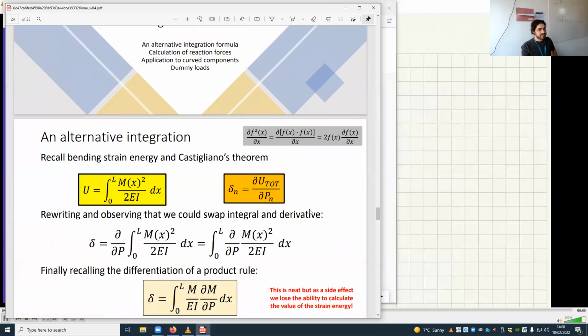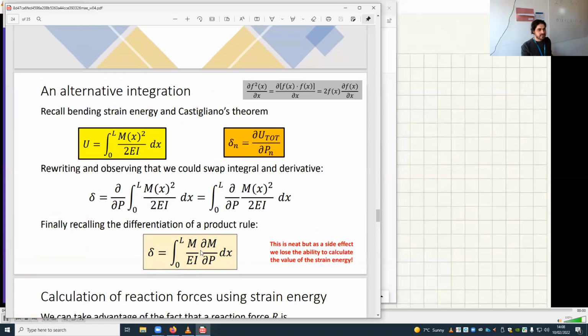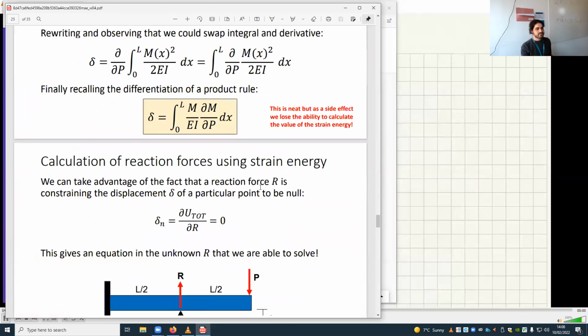Other things that we might be interested in are the simplified integration, where instead of differentiating the integral, you are integrating a derivative, which is much better to do.